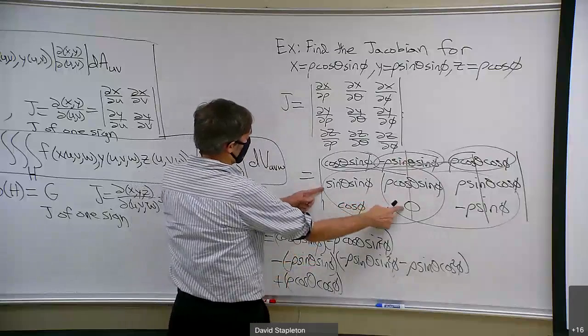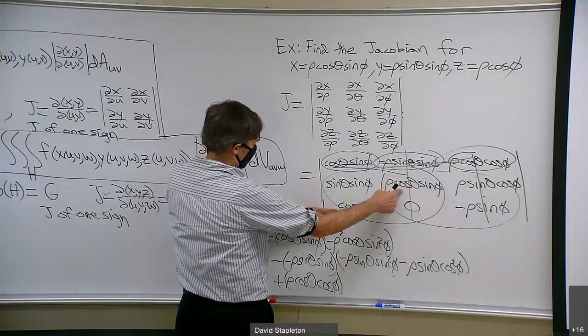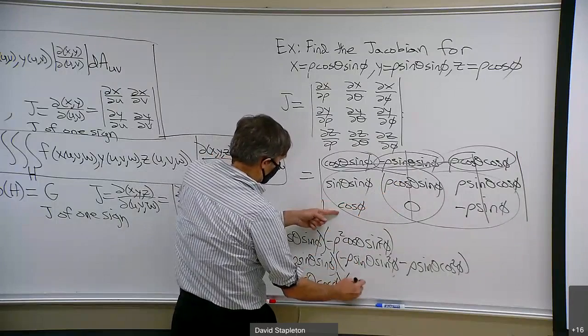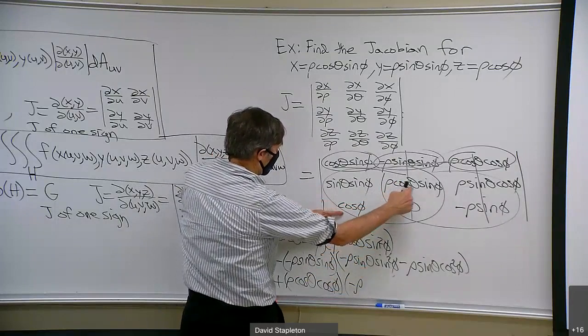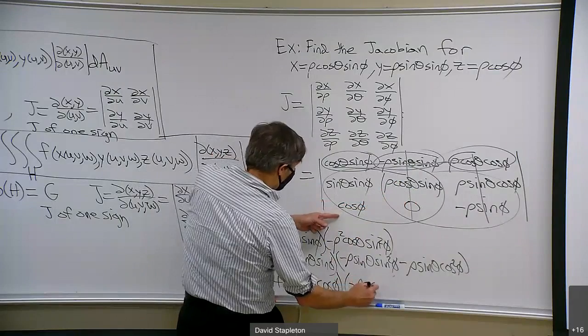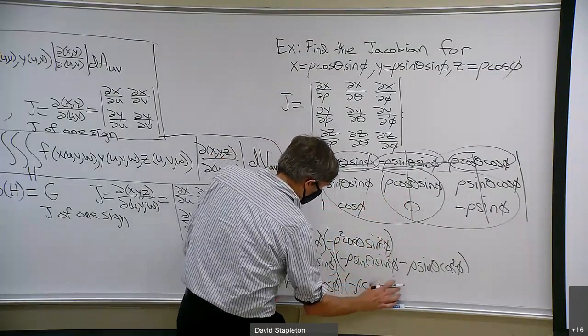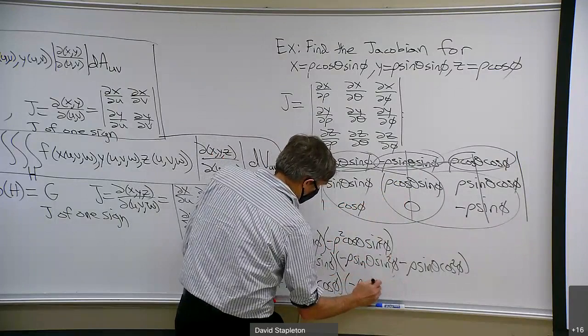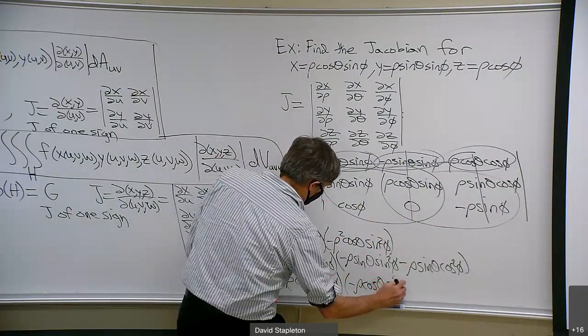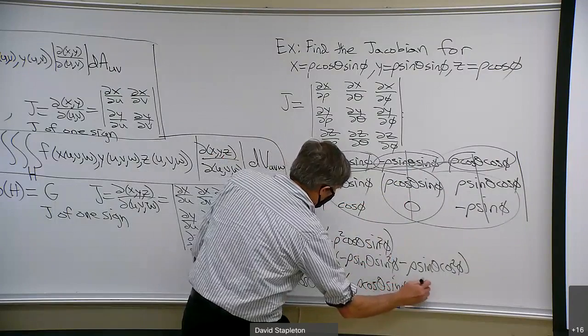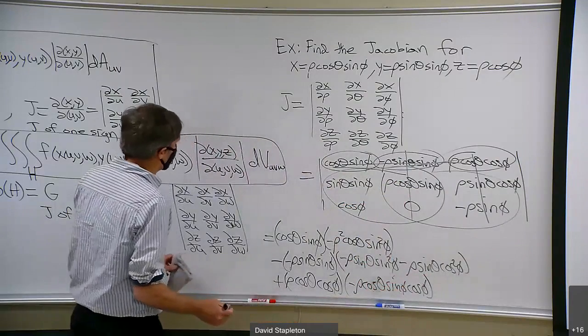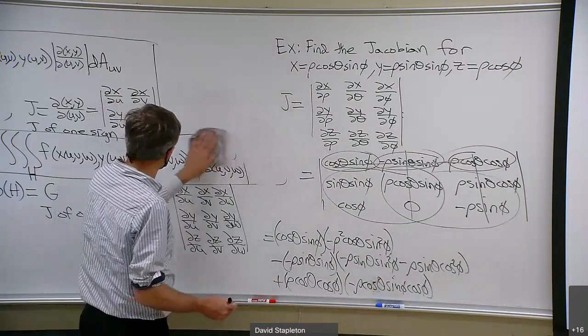That one is this times 0 is nothing, minus this times this, so I get minus rho cosine theta sine phi cosine phi. There's an example of calculating the Jacobian.